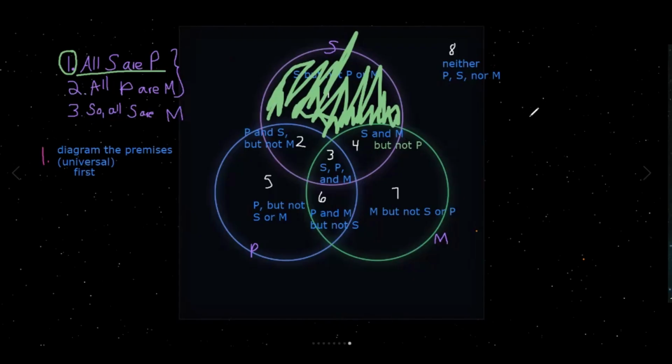So again, looking at our previous example, P represented the set of pets, S represented the set of brown things, M represented the set of dogs. So region 4 contains something that was both dog and brown, but not a pet. A wild chocolate lab we put in region 4.